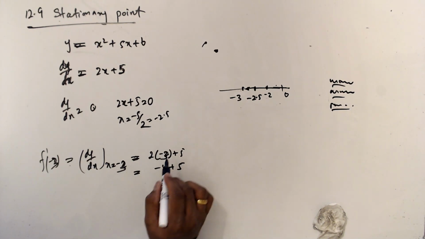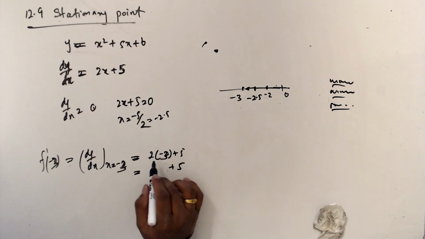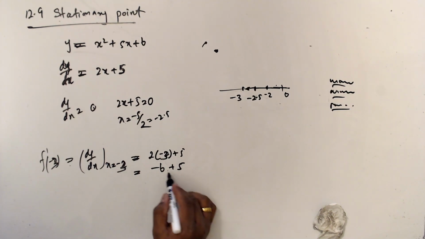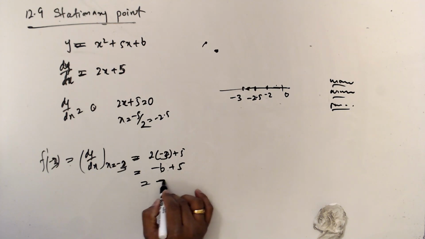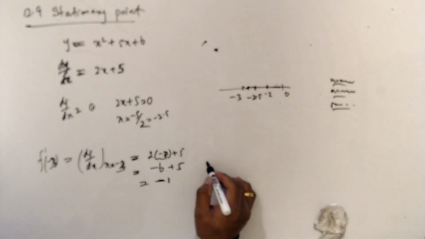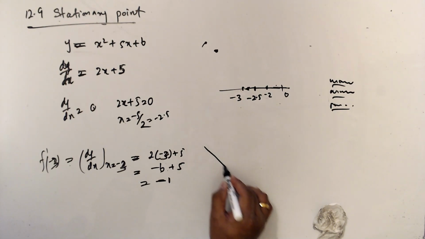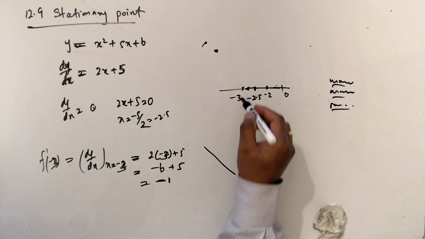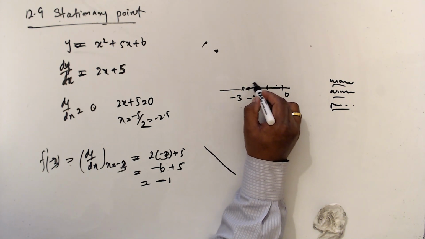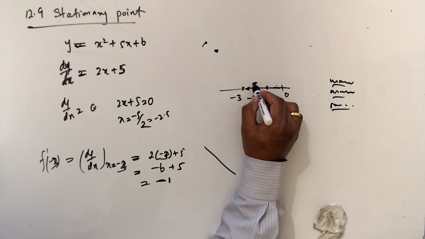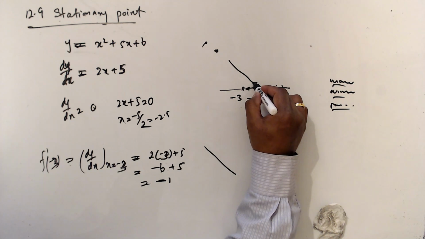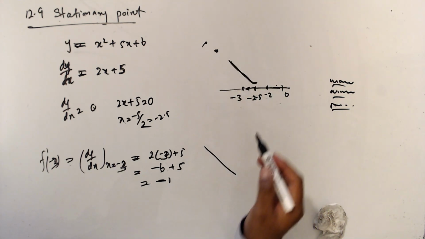Now the value is 2 times minus 3 is minus 6, minus 6 plus 5 is minus 1. It means the gradient is negative. So here it is like this. Gradient 0, before that it is negative.